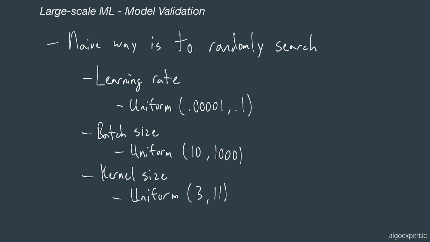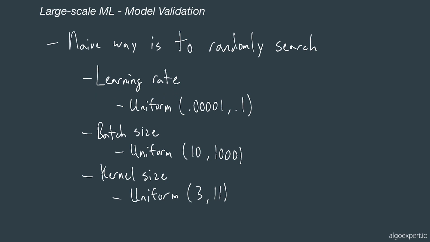Alright, so the naive way would be to randomly search through our hyperparameters. So let's say that we had a learning rate hyperparameter, and we could just specify that it has a uniform distribution, and it will be between this number and 0.1. In that case, the algorithm would randomly sample a uniform distribution with these bounds and attempt to find the best hyperparameter in terms of the learning rate that way.